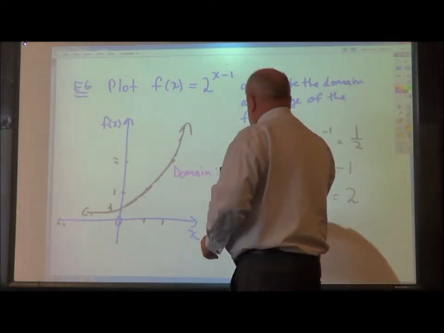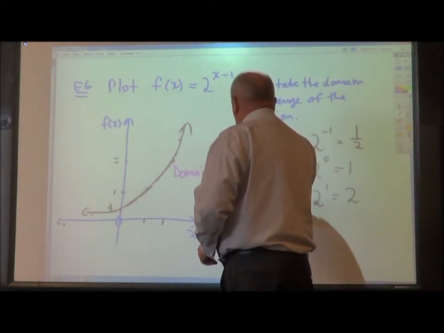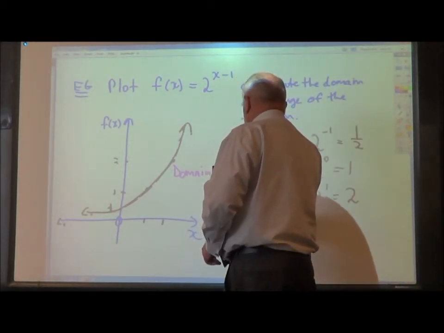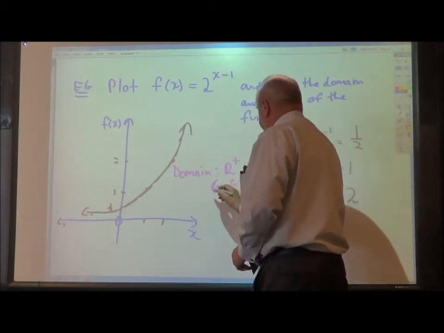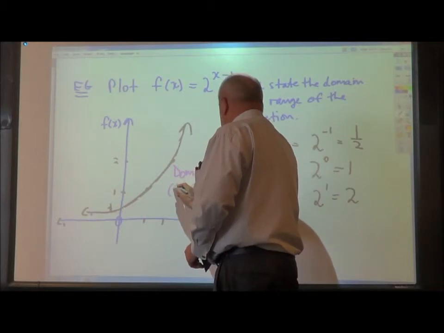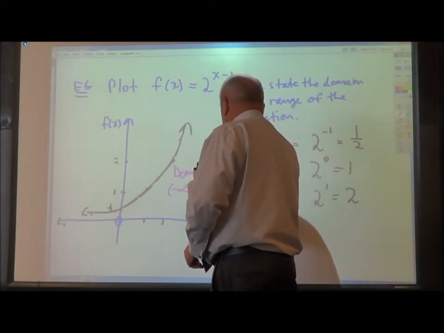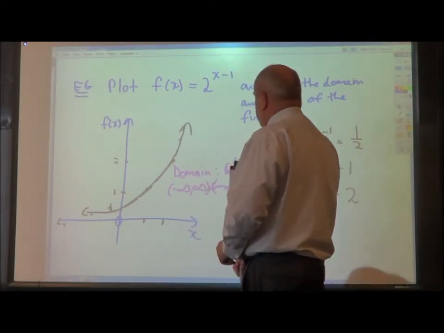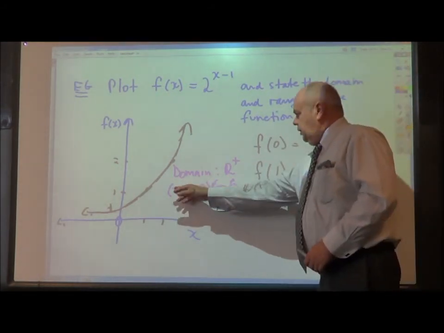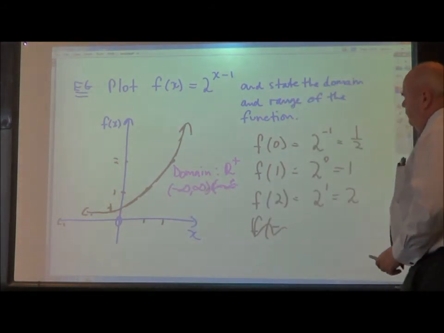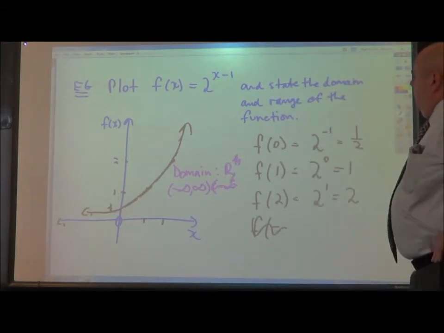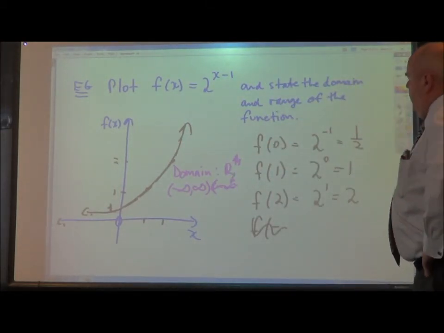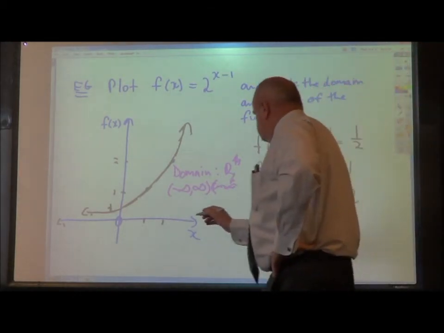So the domain is all reals. I actually lately have been favouring the interval notation. Sorry about this whiteboard, it's not being very cooperative at the moment. The interval notation, so negative infinity to infinity, and that positive should not be there, sorry, uppercase R, because it can be negative.